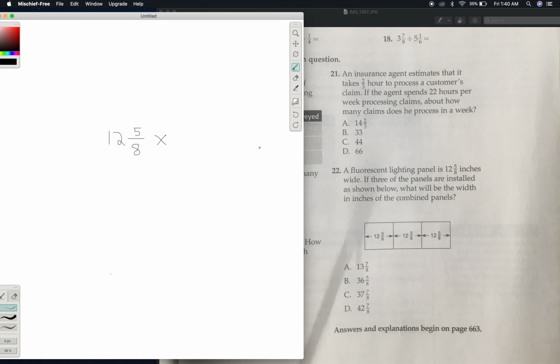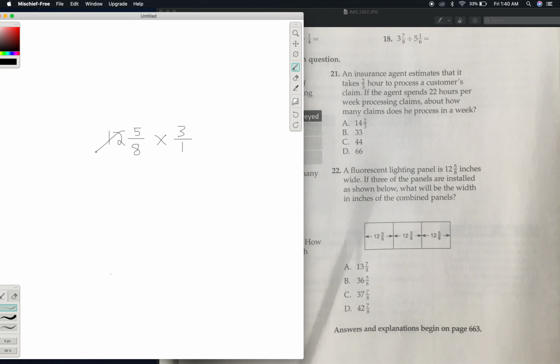So we have 3 panels of this amount here. Okay, so we need to make 3 into a fraction. So there we go. And we need to turn the mixed number into an improper fraction. So we go 8 times 12, okay, equals 96. Plus 5 is 101.